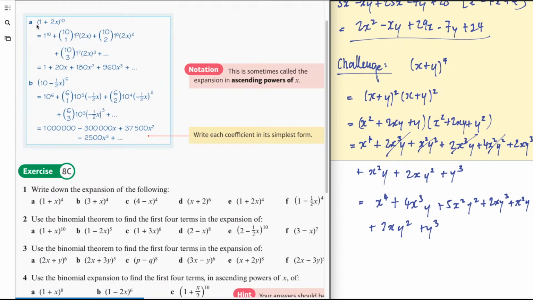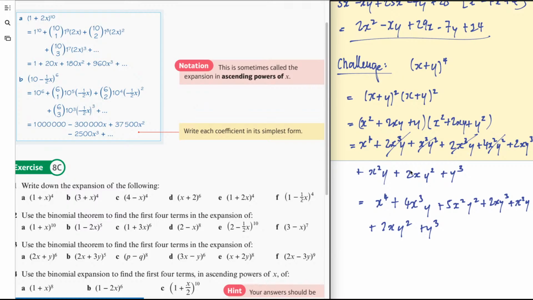So then another example, 1 plus 2x to the power of 10. You raise the first number to the power of 10, then it's 1 to the power of 9 multiplied by 2x, and 10 choose 1 in the front. And the second term is 1 to the power of 8, 2x squared. Hopefully you can see the pattern there. And then 10 choose 2, plus 10 choose 3, and so on.